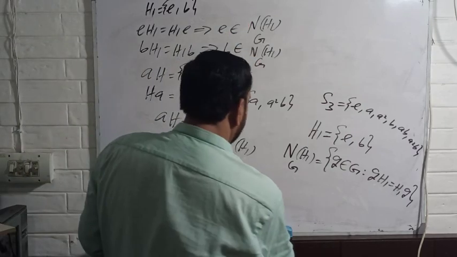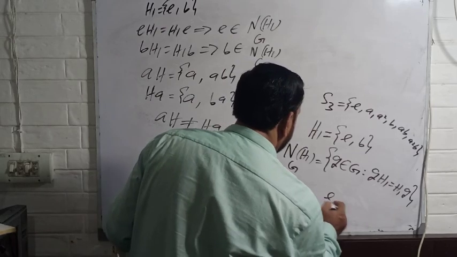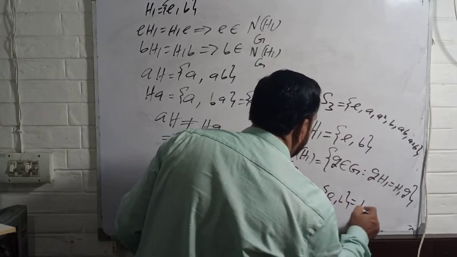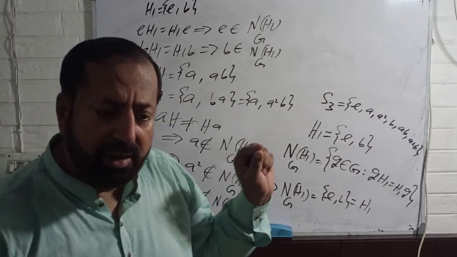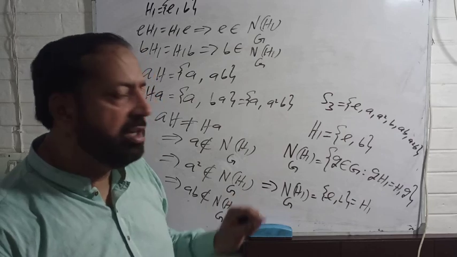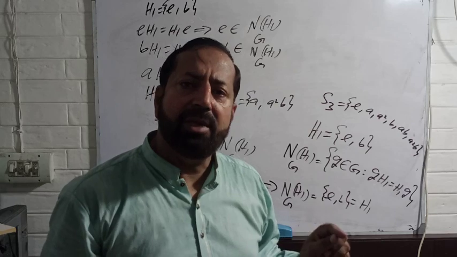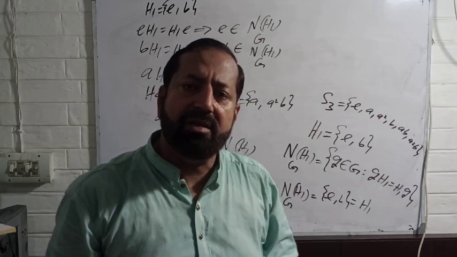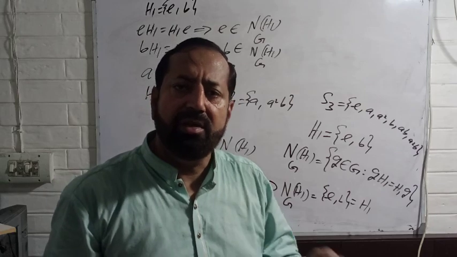This implies the normalizer of H1 in G is equal to {E, B}, which is in fact H1. Similarly, you can find for the other H2, H3, which are {E, AB} and {E, A square B}, you will see that their normalizers are in fact themselves, because they contain a Sylow P subgroup H1 and not any other.